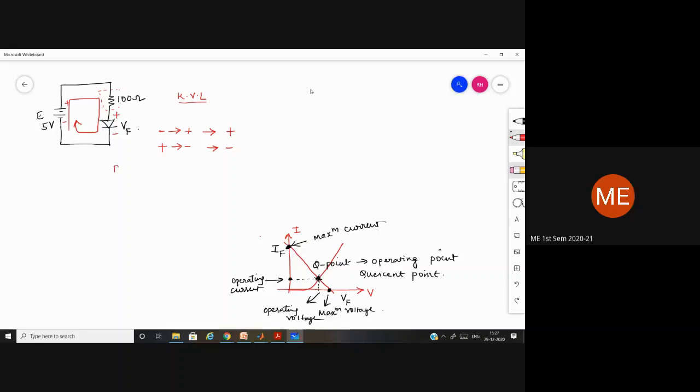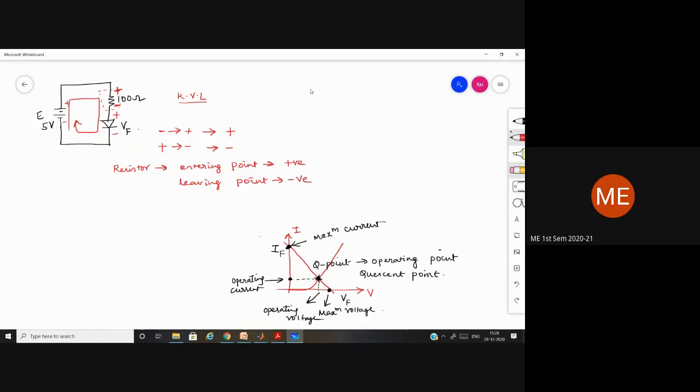So always for resistor, you should take the entering point as positive and leaving point as negative. Entering point is this one, leaving point is this one.